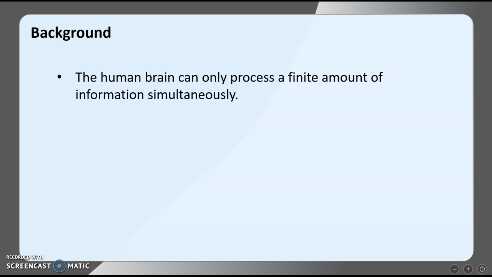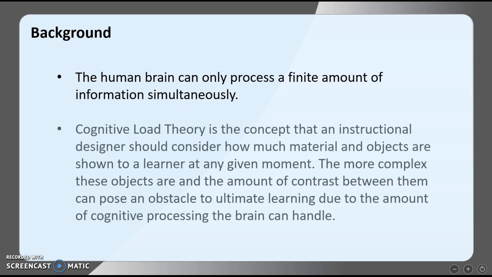So again, the human brain can only truly process a finite amount of information at one time. So as this applies to learning and development, how much information, how many words, how many things are we trying to throw on a screen at one time? It can't process it all.